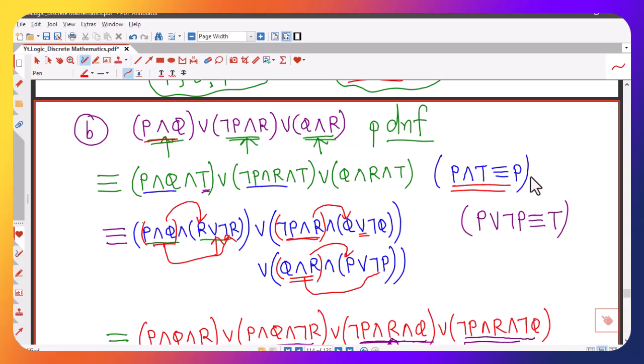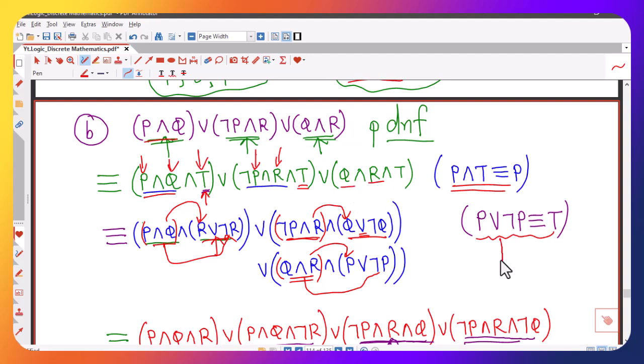P and T is logically equivalent to P. P or negation P is logically equivalent to true, and whatever variable is missing, that we will write for capital T. Here I have written capital T equivalent to R or negation R because P and Q are present here. Here negation P and R are present, so Q is missing. Therefore I have written Q or negation Q in place of T.